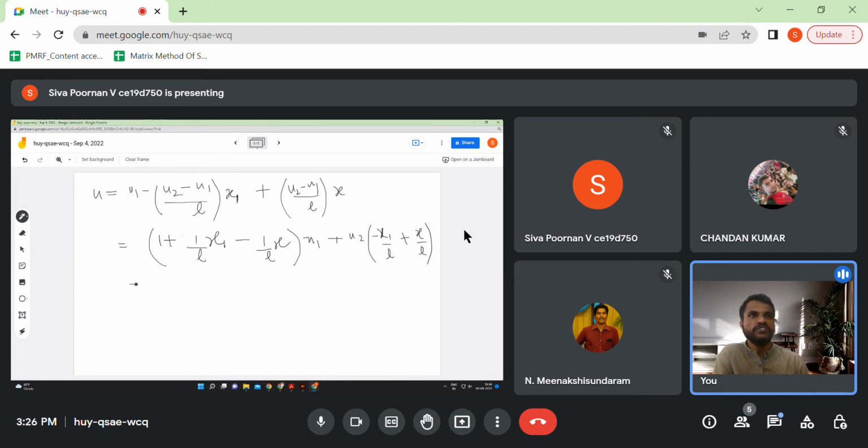So I can simplify this and write it as, I have l plus x1 minus x. Let me know if I have made any mistake. I'm not sure if I would have made any mistake. Divided by l.